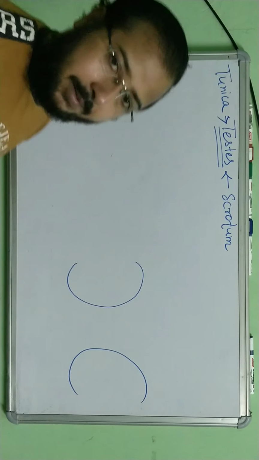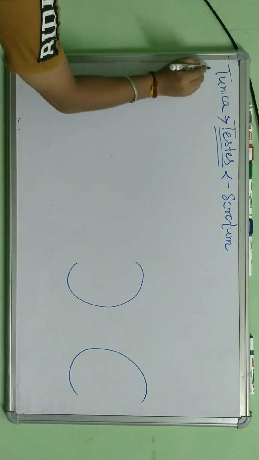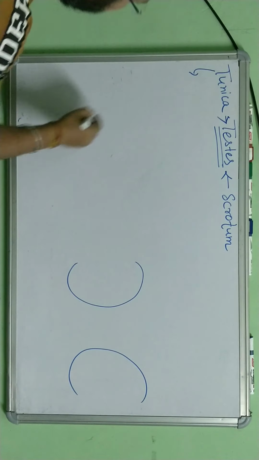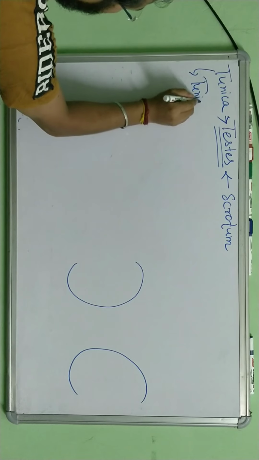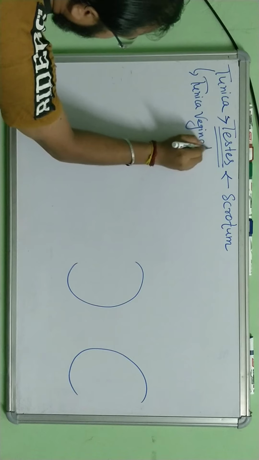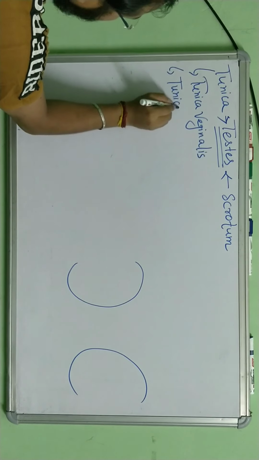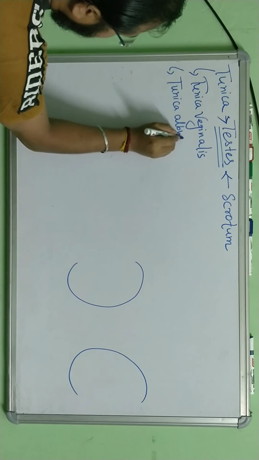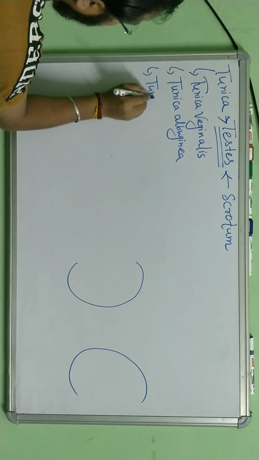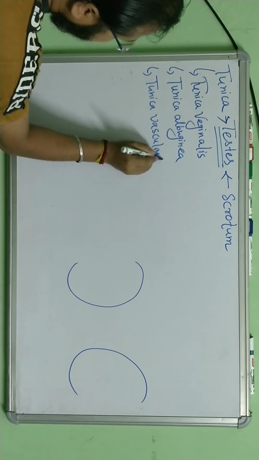It is the membrane which consists of 3 consecutive layers. The first one is tunica vaginalis. Second is the tunica albuginea, and number 3 is tunica vascularis.